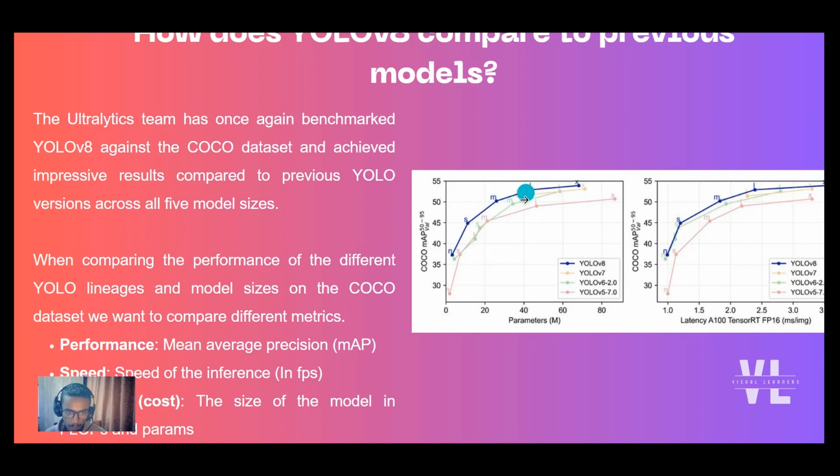So it has fewer parameters and higher mean average precision, which is what we want. And here on the right side, we can see the speed in terms of frames per second.